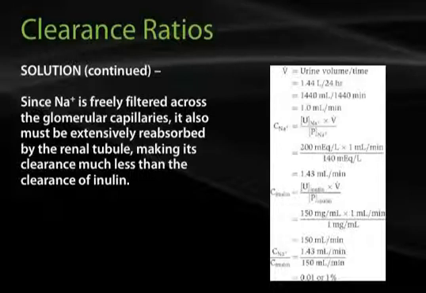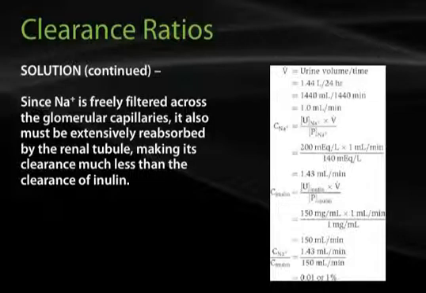The numbers are walked through on page 247. We're given the urine volume of 1.44 liters over 24 hours. In milliliters per minute, this turns out to be 1.0 milliliters per minute. The clearance of sodium can thus be calculated. The urine sodium concentration is 200 milliequivalents per liter, the urine flow rate is 1 milliliter per minute, and the plasma concentration is 140 milliequivalents per liter. Thus, the clearance of sodium is 1.43 milliliters per minute. This is in contrast to the clearance of inulin, calculated in the same way, which is determined to be 150 milliliters per minute.